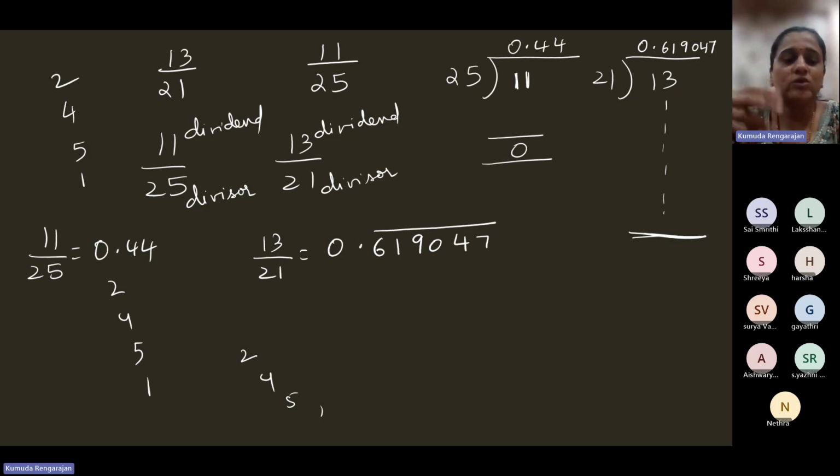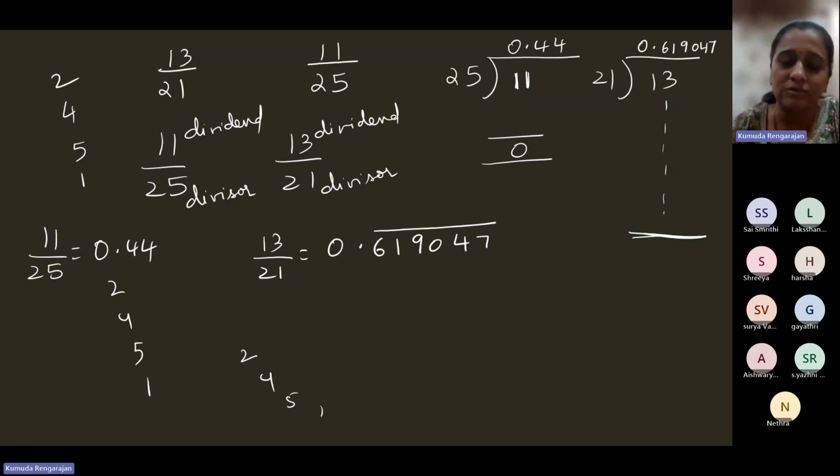You subtract, you get remainder 2. Then you continue the division. Next stage, you get the remainder 4. Next stage, you get remainder 5. Then you get 1. Again, the same set repeats: 2, 4, 5, 1, 2, 4, 5, 1. And you will see that in the quotient also, a set of 4 digits, not the same numbers 2, 4, 5, 1, some other 4 digits, will repeat themselves.